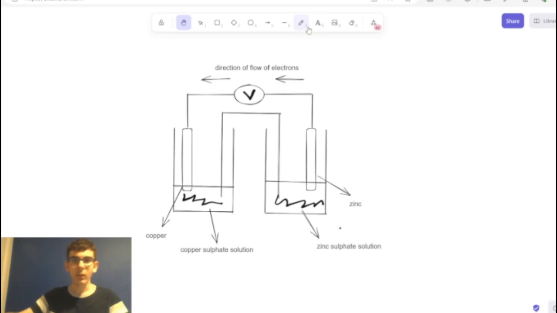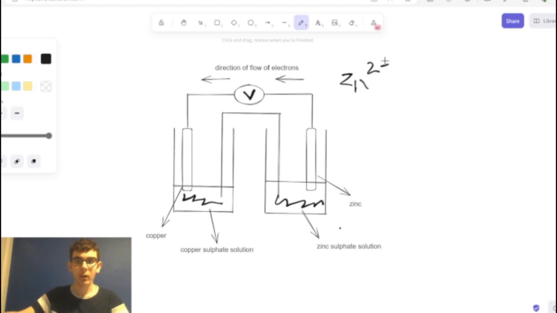Now, you may get asked to write a half equation. So, if I was to write a half equation, Zn2+, because the zinc ions that will be produced at this electrode will be 2 plus ions, because this is the negative electrode, meaning positive ions will attract to it, plus 2e-, 2 electrons will give me zinc, the element zinc.